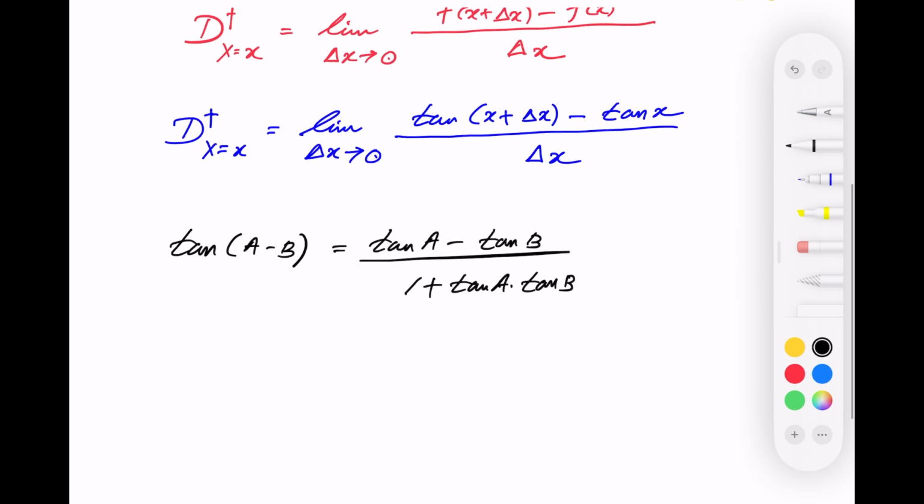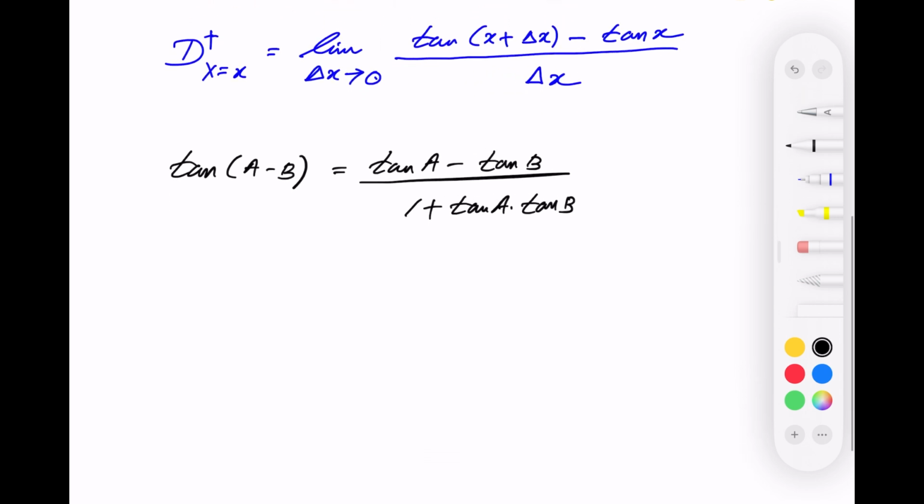If I rearrange the terms of that identity a little bit by multiplying both sides by the denominator 1 plus tangent a times tangent b, I can get rid of that denominator on the right-hand side and it will appear on the left-hand side with multiplication of the tangent a minus b term.